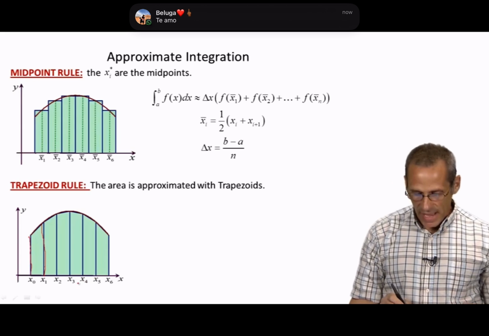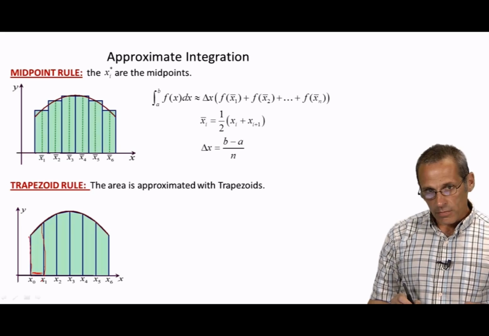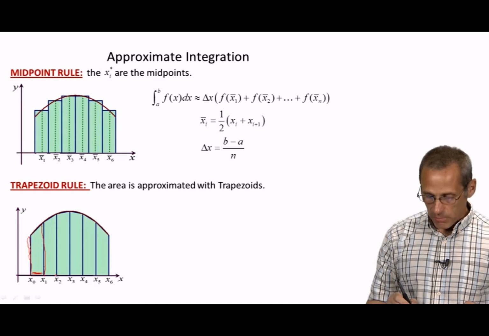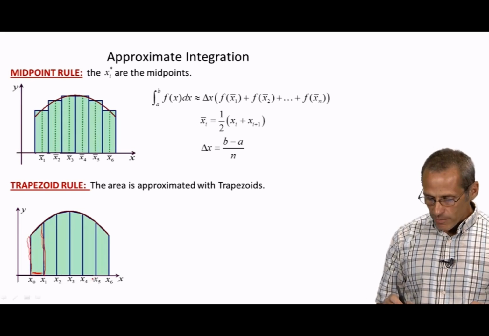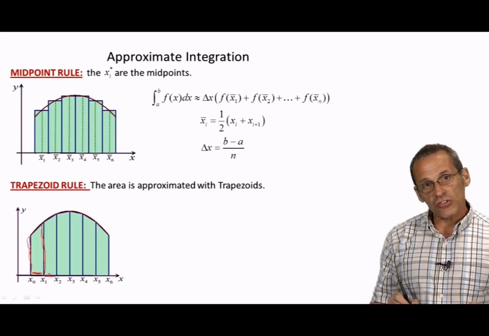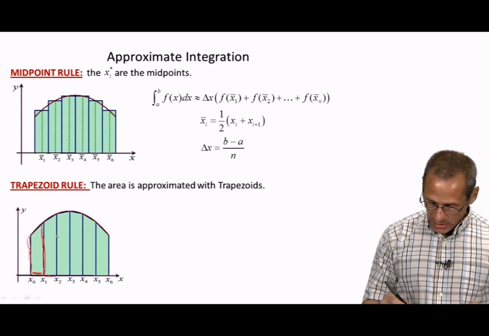So 1/2, the height would be delta x, which I'll highlight, times base 1, f of x0, plus base 2, f of x1. When you look at the second trapezoid, notice 1/2, the height is delta x, times f of x1 plus f of x2.